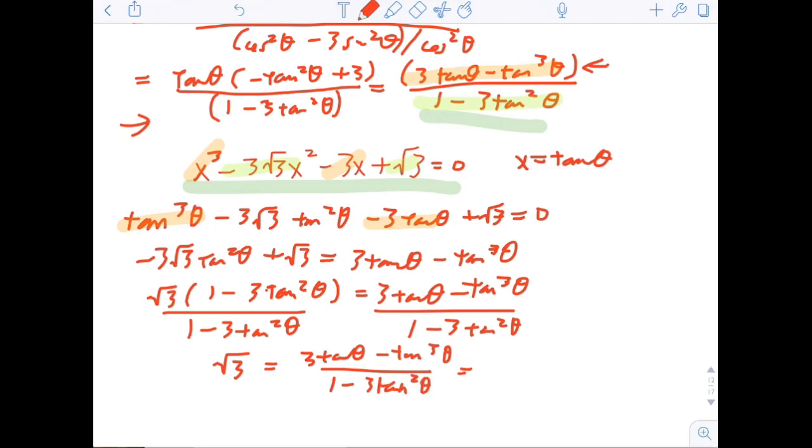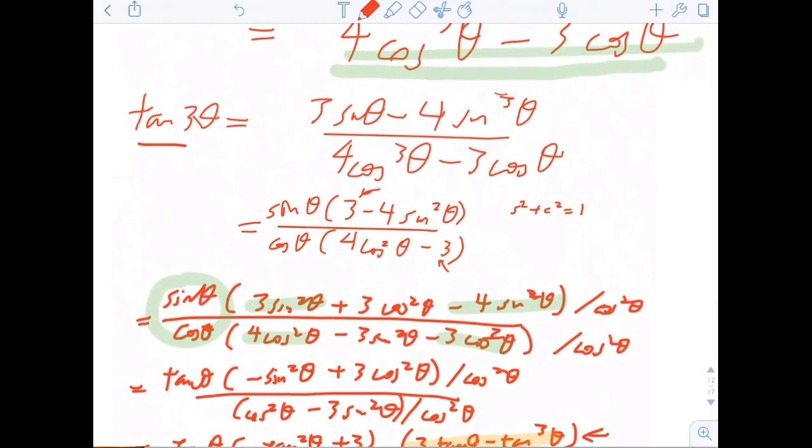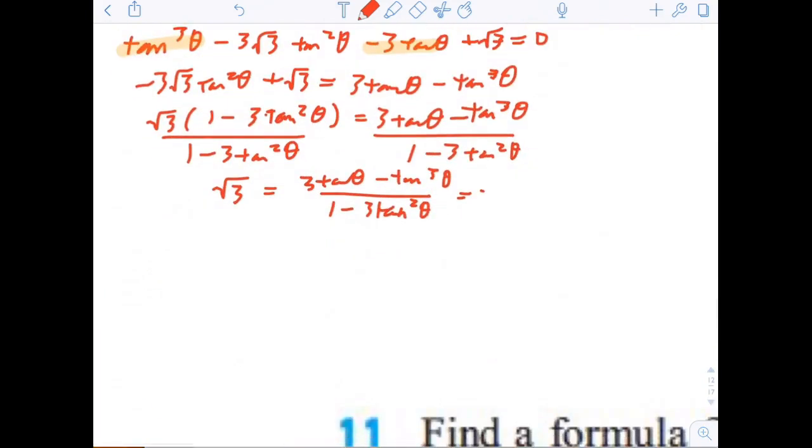And 3 tangent theta minus tangent cubed theta divided by 1 minus 3 tangent squared theta is equal to what? It's equal to tangent 3 theta.